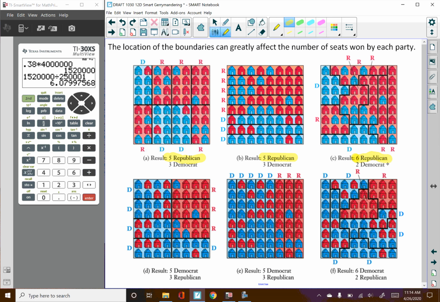You can see these first couple are drawn in what maybe would be a pretty reasonable way, but the last one is really carved out in bizarre shapes. But if you were a politician who favored Democrats, you could absolutely draw the districts to favor Democrats, just drawn differently.